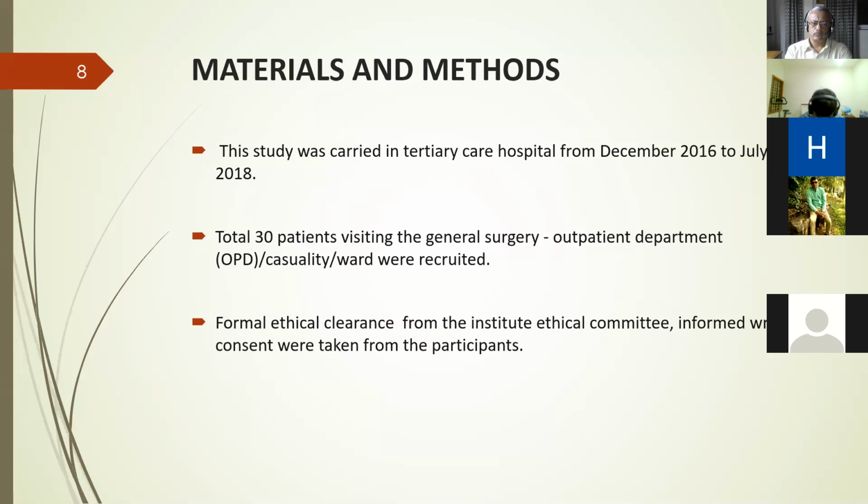This study was conducted in a tertiary care hospital from December 2016 to July 2018, and 30 patients were recruited. These patients were coming to the general surgery department, casualty, and wards. Ethical clearance from the institute and informed consent from the participants were obtained.